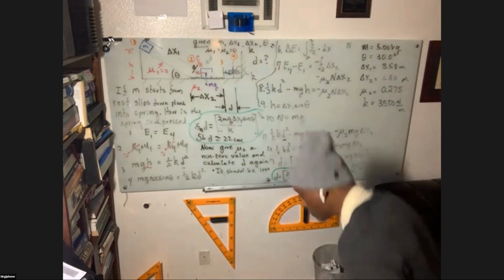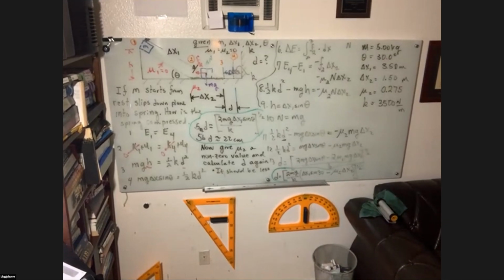Now, if I do that, I'm going to just do the solution again. I didn't save that. Can I back out? No, I can't. So 2, enter 3,500. Can you imagine if I had left it at 350 k, it would have been even less. Then delta x1, which is 5 into 30.